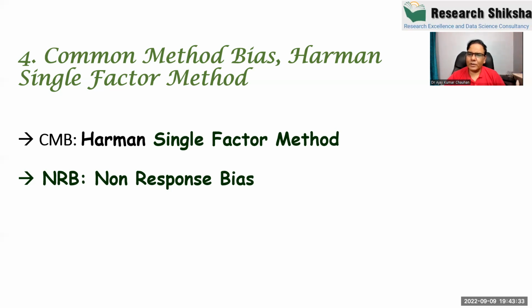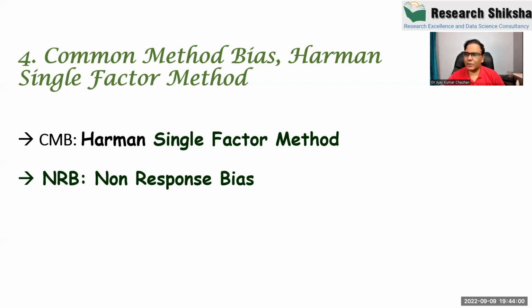So the issue is that if I had told the truth, the decision may have been different. So sometimes when you are not getting a response from the respondent, it means they are hiding something. In case they gave you the answer, your result will be different. So this problem is called non-response bias.